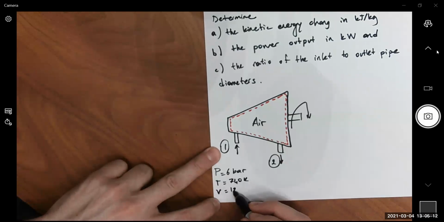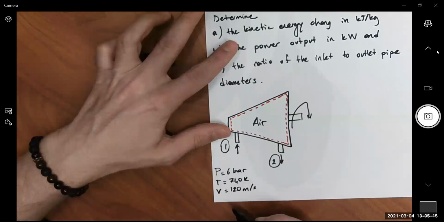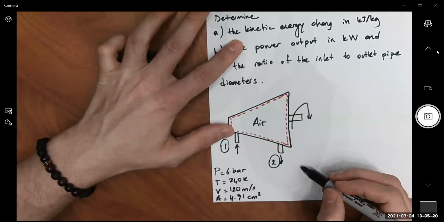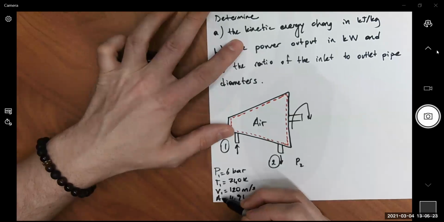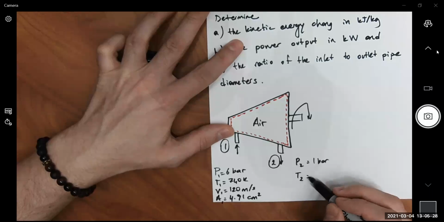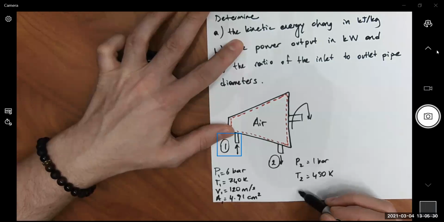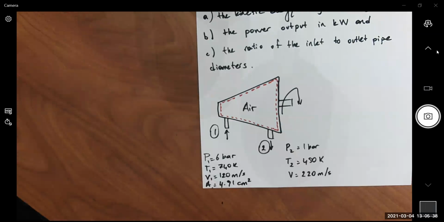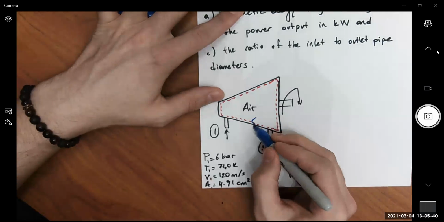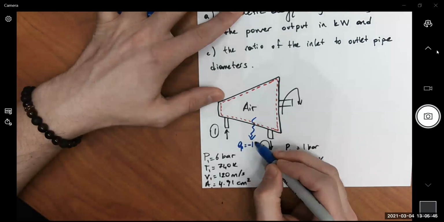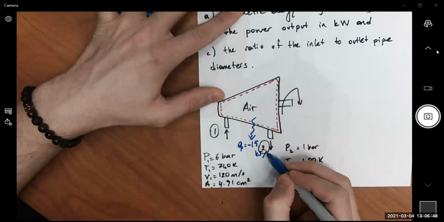Velocity is 120 meters per second. Area is 4.91 centimeters squared. The outlet pressure is 1 bar. Temperature is 450 Kelvin. And velocity is 220 meters per second. And we also have heat coming out, minus 15 kilojoules per kilogram.